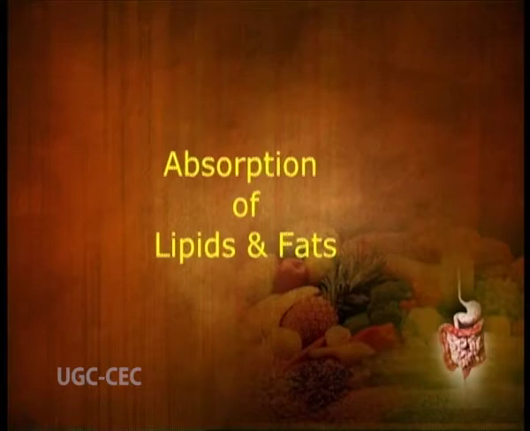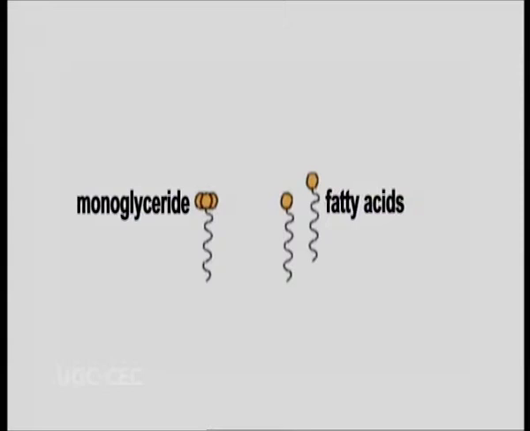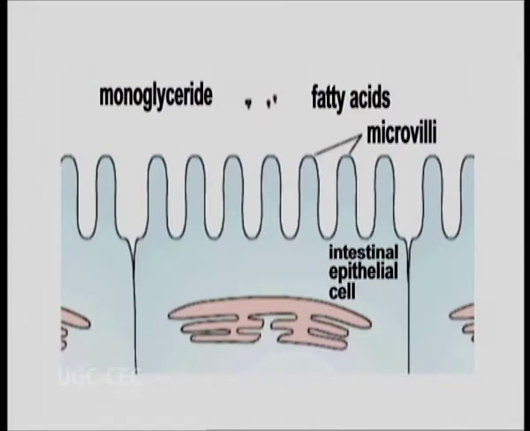Absorption of lipids and fats. Fats are digested to form monoglycerides and free fatty acids. Because these products are lipid soluble, they can easily pass through the plasma membrane in the intestinal mucosa and enter the epithelial cells.